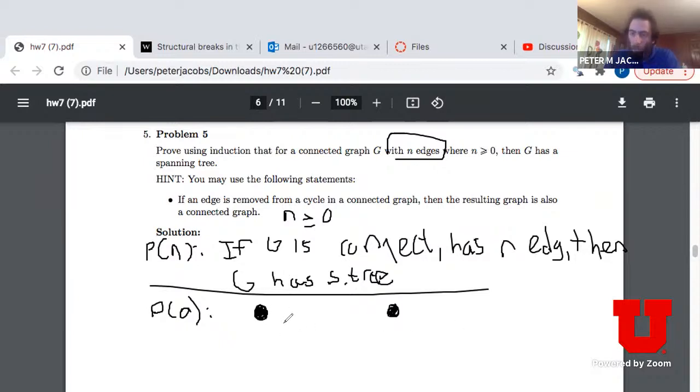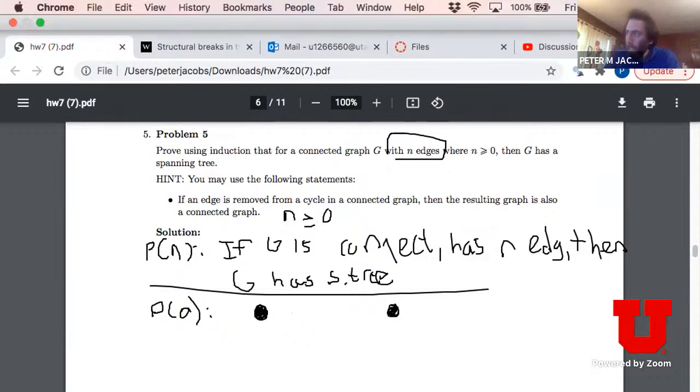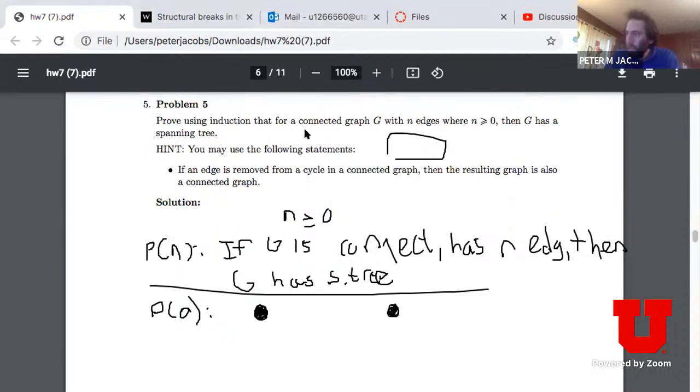There's no collection of edges that's going to reach all of the vertices. But Miles observes that this is a connected graph, and it has 0 edges, and that means that it can only contain one vertex, and a vertex by itself is a tree. That vertex by itself is a tree in this graph. So that's the base case.